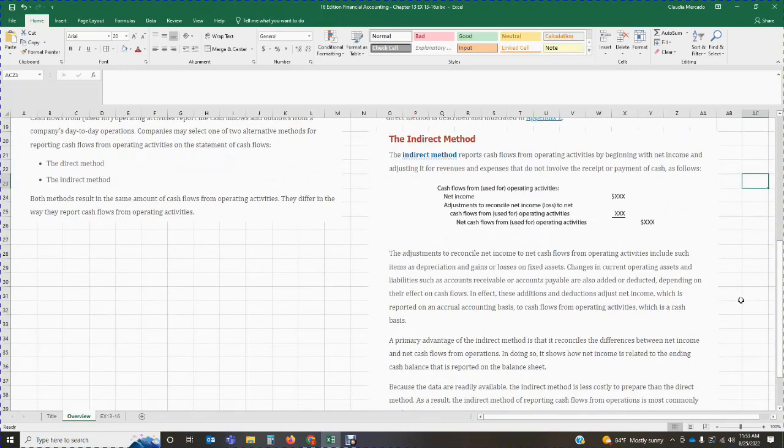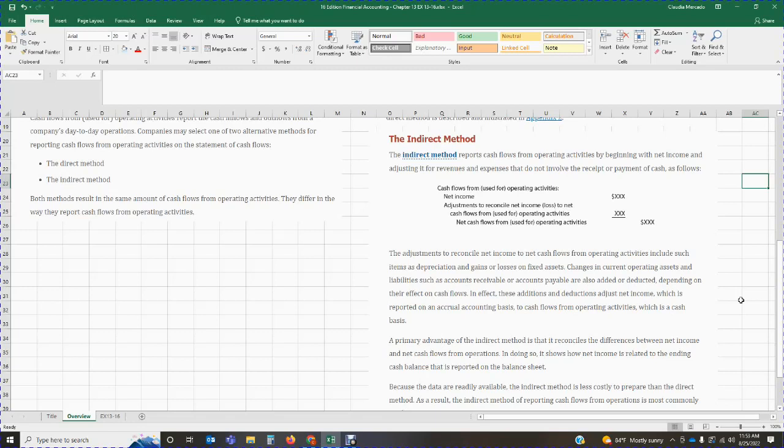Okay, the indirect method reports cash flows from operating activities beginning with your net income and then adjusting it for revenues and expenses that do not involve the receipt or payment of cash. Okay, so when we are preparing the indirect method for the operating activity section, we always begin with your net income.